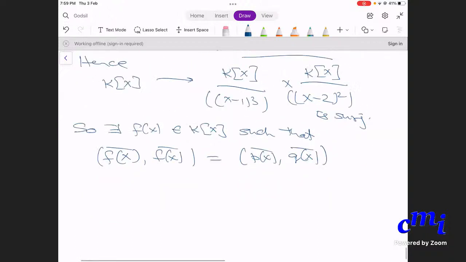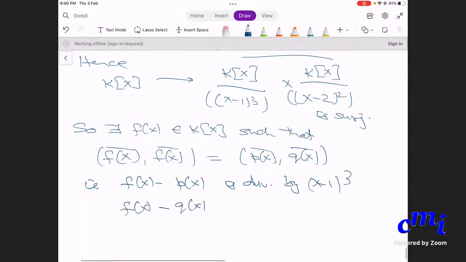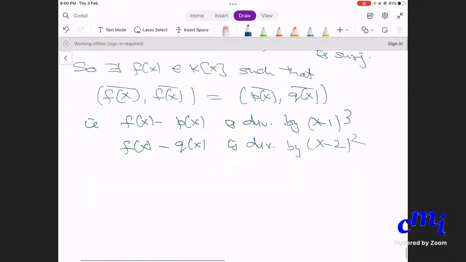So what does this mean? I.e. f of x minus P of x is divisible by x minus 1 cube, and f of x minus Q of x is divisible by x minus 2 squared. So what does this mean?